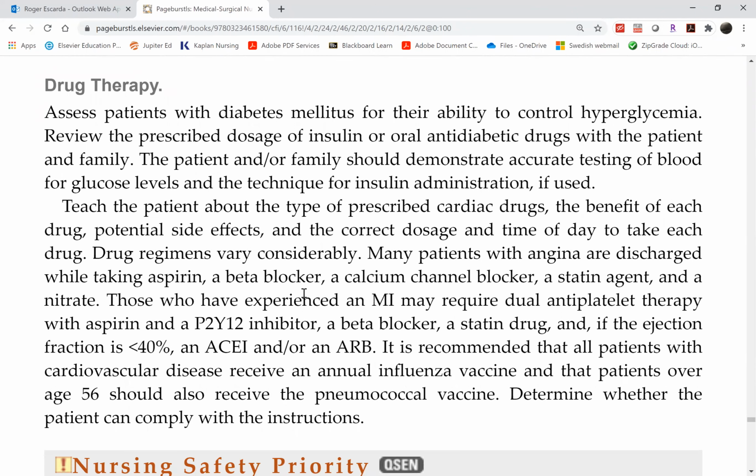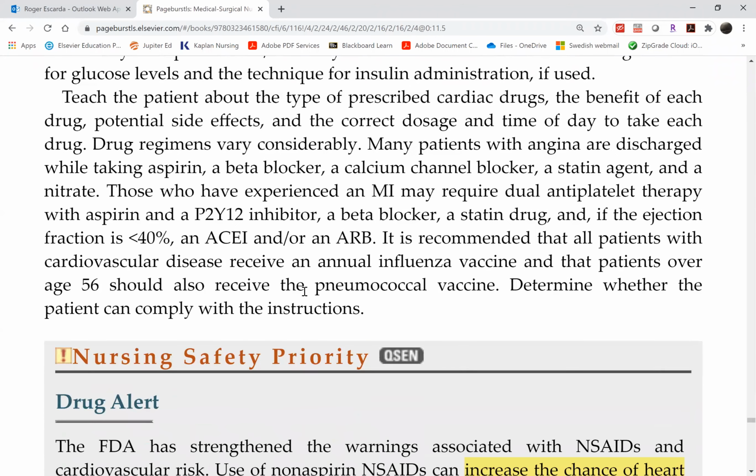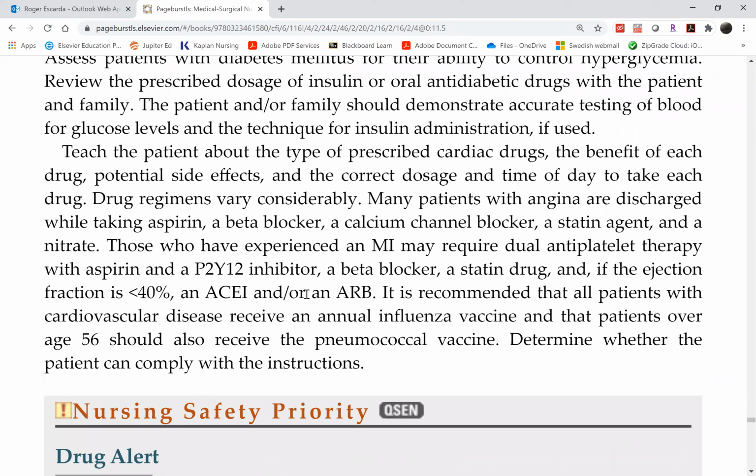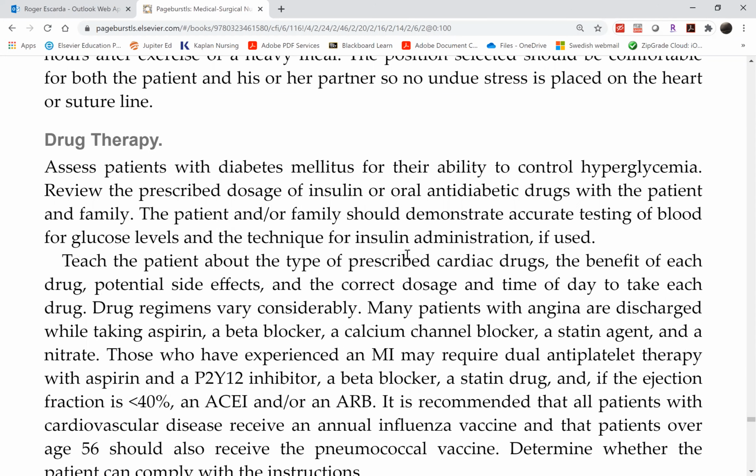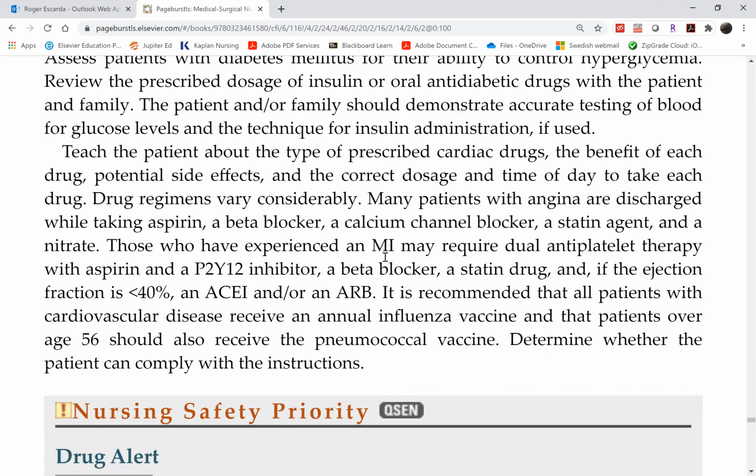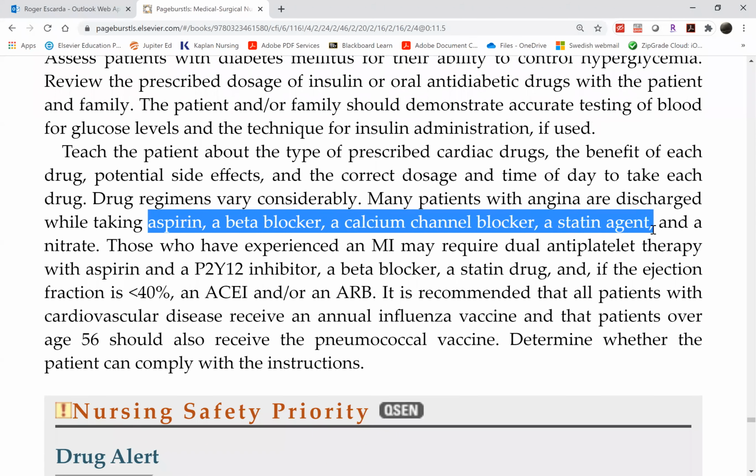And this is the last part. This is again to summarize the drug therapy. These are what the patient will be discharged on: aspirin, Plavix. Let's start here. Aspirin, beta blocker, calcium channel blocker, statin, and the nitroglycerin.